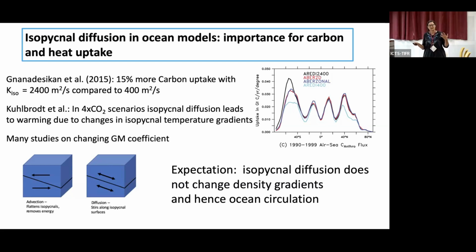So to first order, in the ocean interior, if you are not exposed to the surface fluxes that could change your density, then it should not change the density gradients, right? So isopycnal diffusion of temperature and salinity shouldn't change your density gradients unless there is an effect from the nonlinear equation of state.